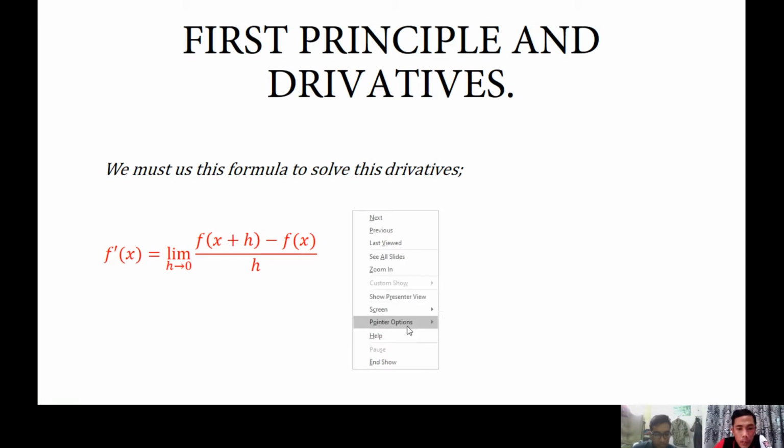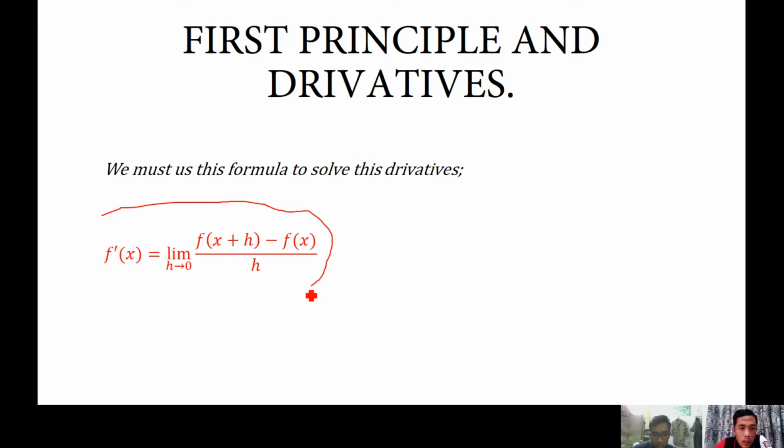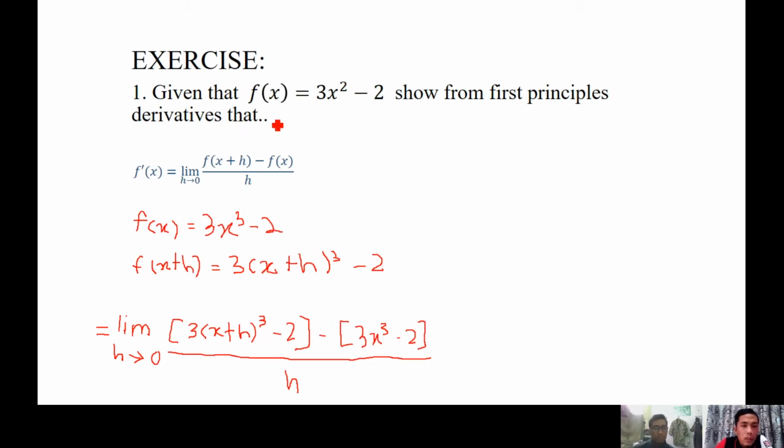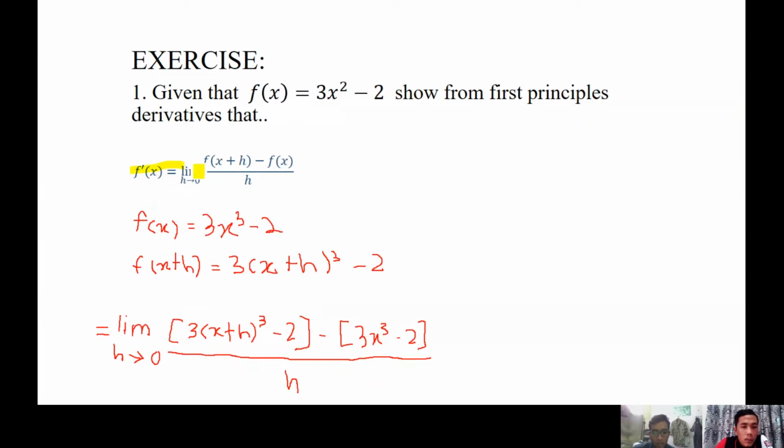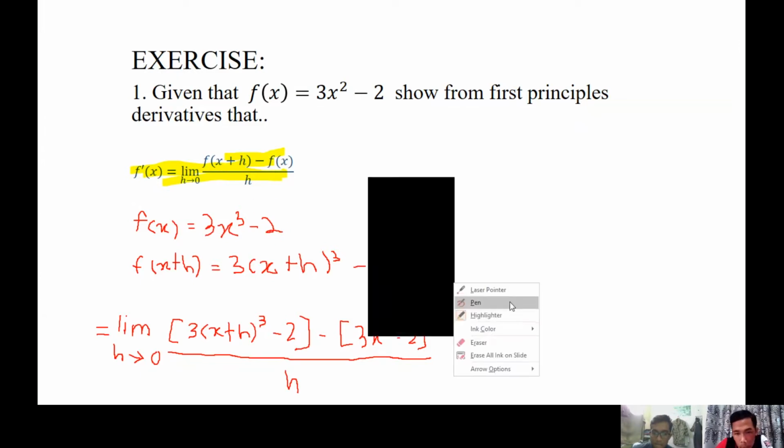In first principle and derivative, we must use this formula to solve the equation. So if we have a question, this is the solution. So this is the formula we put under the question to ease the solving of the question.